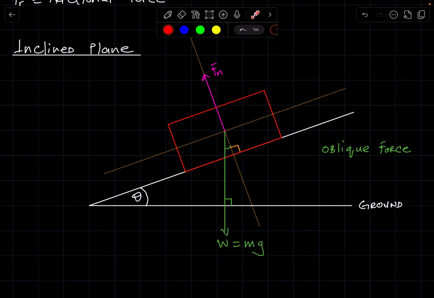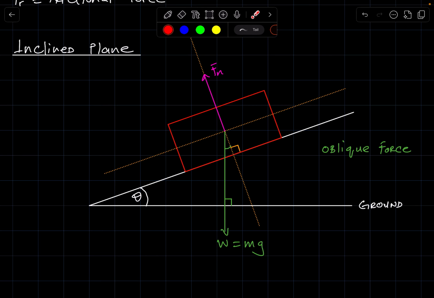Right, and then in applying conditions of equilibrium, we are not able to use oblique forces, because conditions of equilibrium are based on forces that are either parallel with the x-axis or parallel with the y-axis. The conditions are sum of forces in the x direction, sum of forces in the y direction.